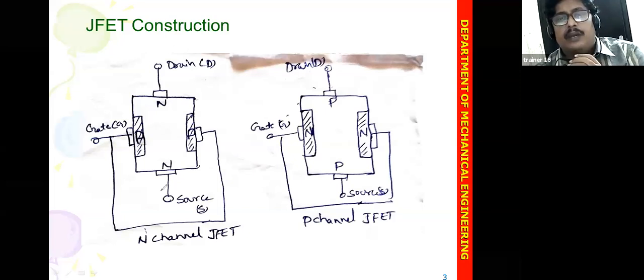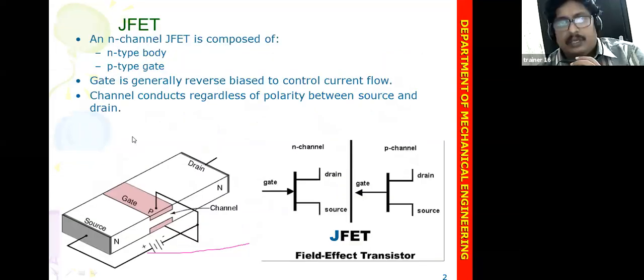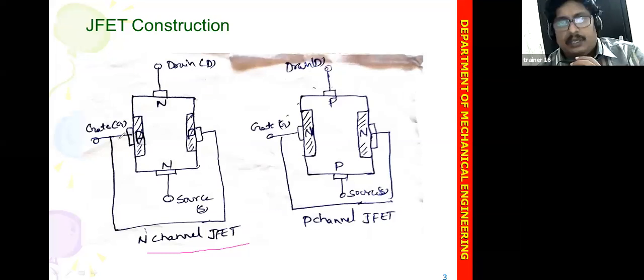The same thing we discussed previously for the N channel device: an N type body and a P type gate. Here it is written clearly, an N type body and a P type gate. See, this is the P-type gate. Here, the P-type is connected to the gate.